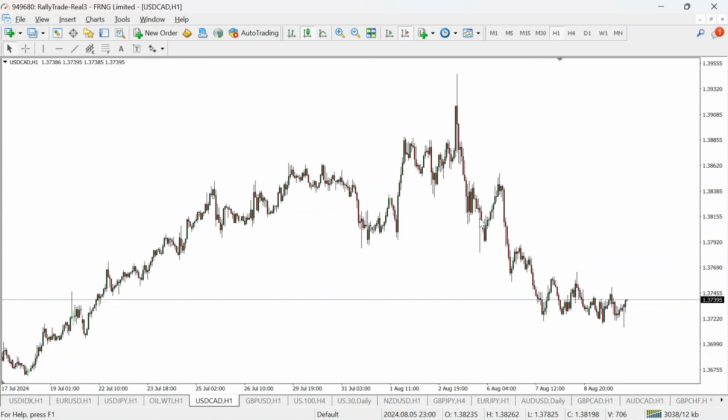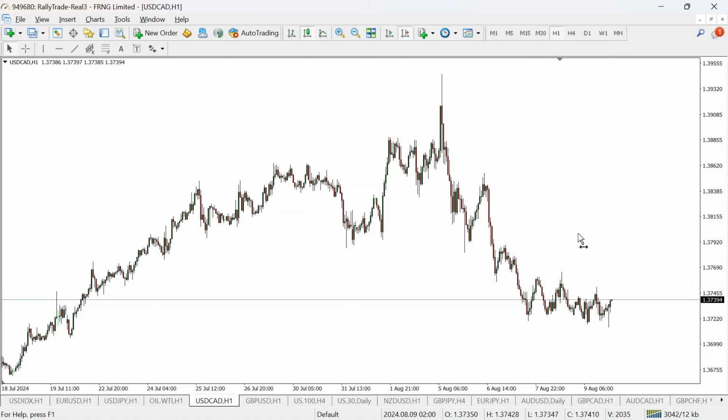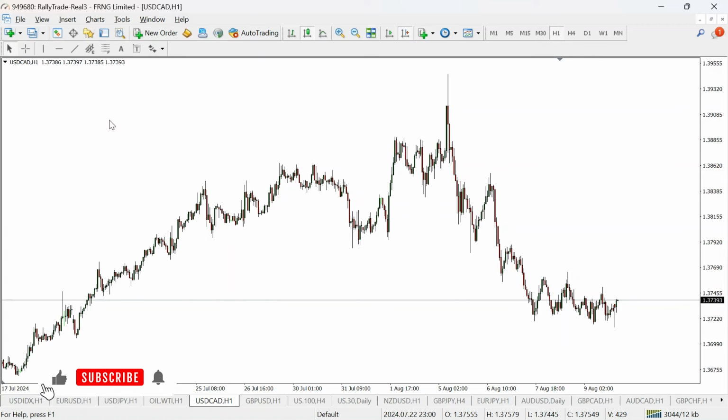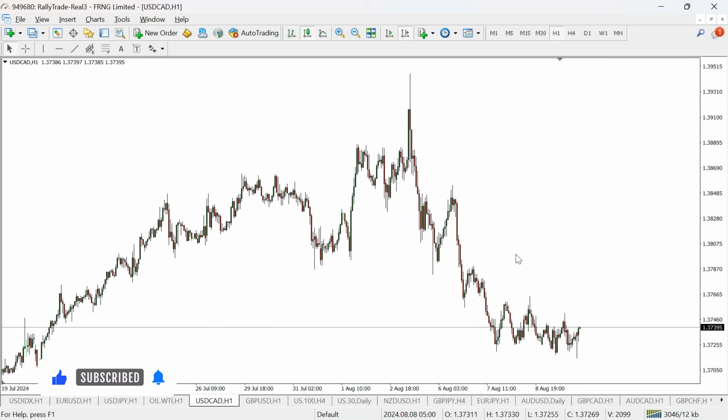There's this concept that I learned from a mentor of mine: if you trade on the 1 hour time frame, to get the time frame you want to use for your analysis, you need to go 2 time frames ahead. In this instance, this is a 1 hour time frame for USD CAD. Let's say I execute my trade on the 1 hour time frame.